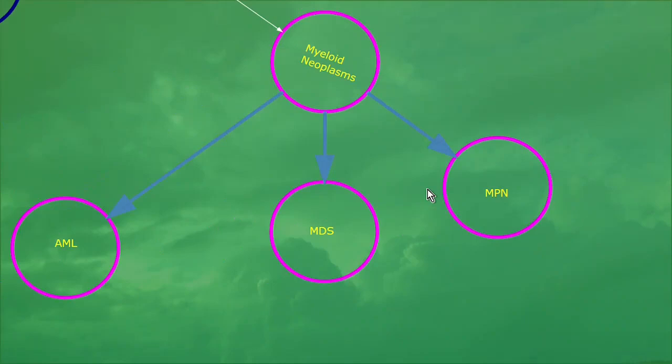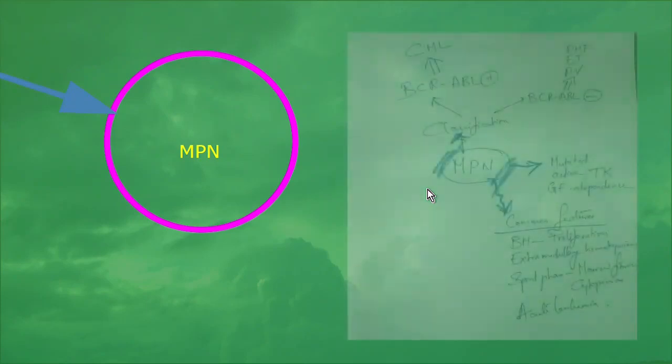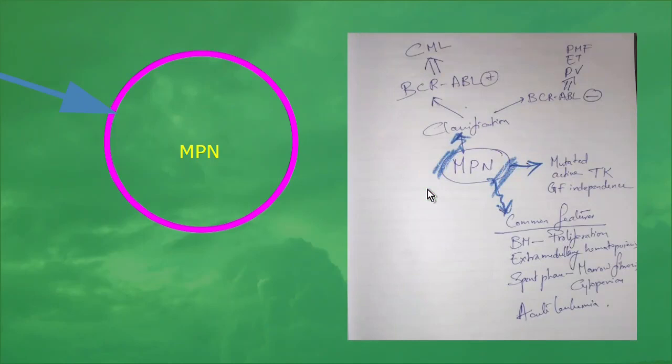Now coming to myeloproliferative neoplasms, MPN. MPNs have some common features. All of them show, most of the time, proliferation of cells in the bone marrow, and then at a later phase extramedullary hematopoiesis, especially in the spleen and liver.